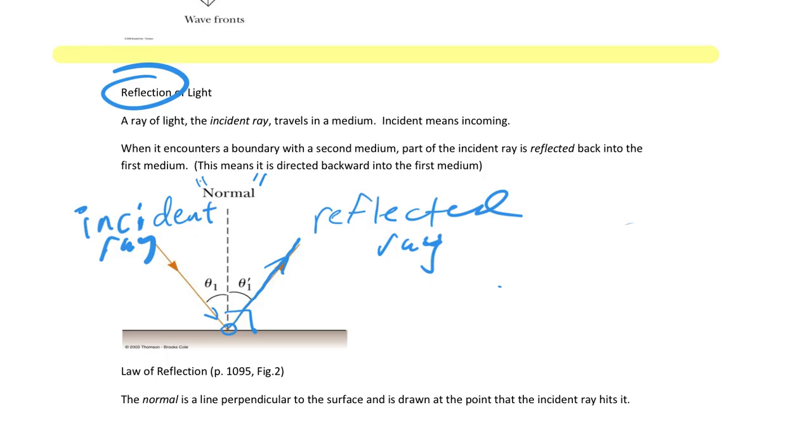Now this is the easiest law in all physics, the law of reflection. It states that the angle of incidence has to equal the angle of reflection.